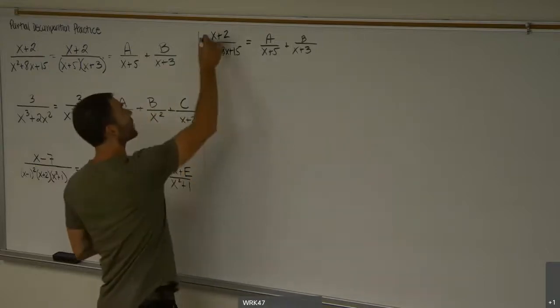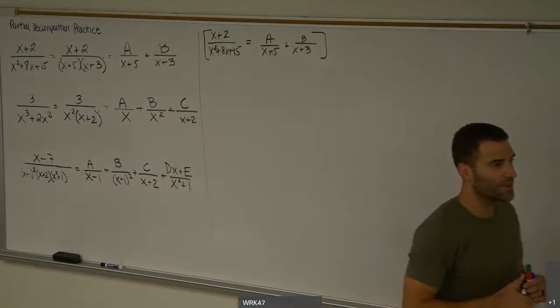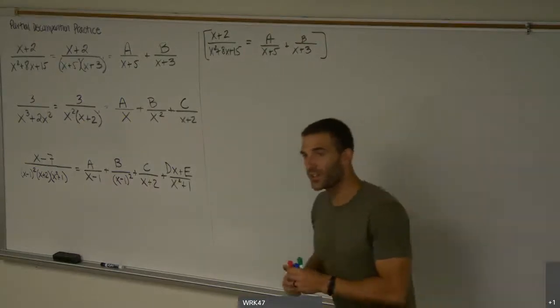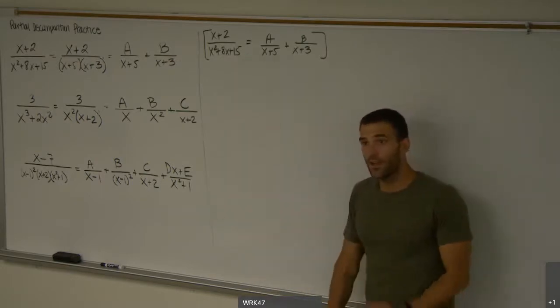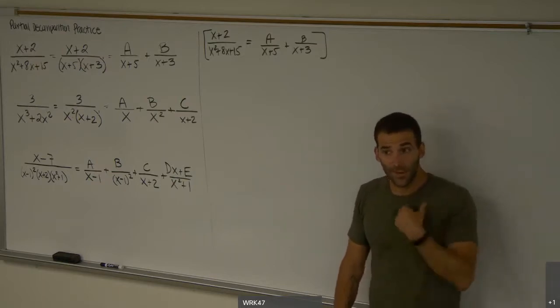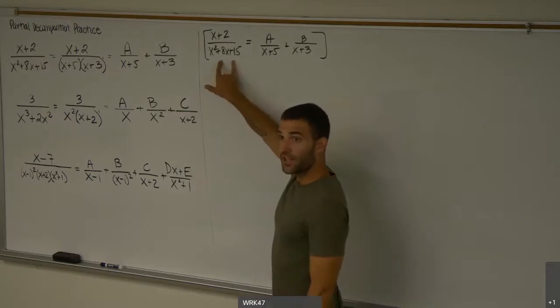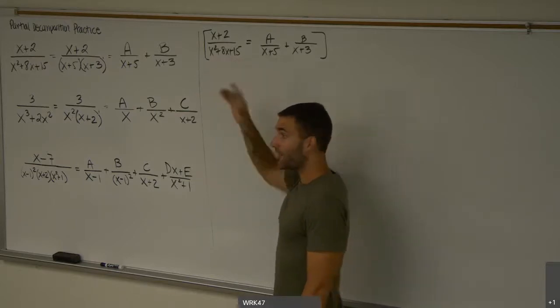Now, anytime you're in algebra and you have a fraction, the first thing you learn when you deal with fractions is you like to clear fractions. How do we clear fractions in math? We multiply a whole equation, right? This is an equation. We can multiply a whole equation by anything we want. What I want to multiply by is the denominator. If I multiply this whole equation by the denominator that I started with, then all my fractions will be gone.